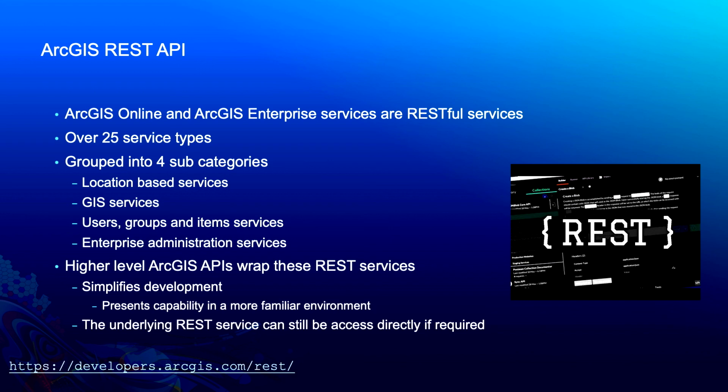There's our GIS services, which take these a little bit further. Some of the analysis services are an example there. There's services to script and administer users and groups that are items in the portal, the sharing API, if you like. And then there's services to administer your Enterprise ArcGIS.